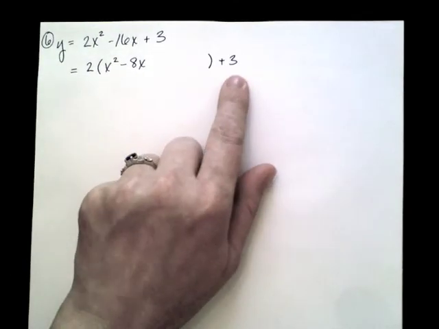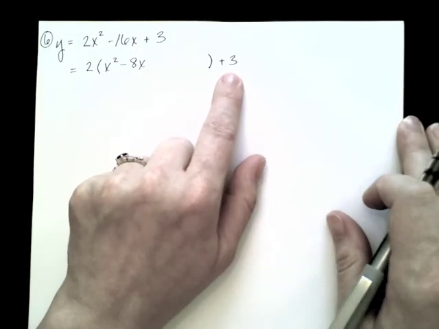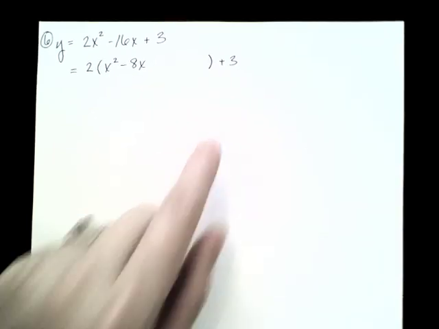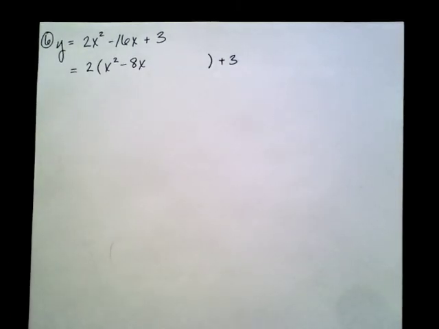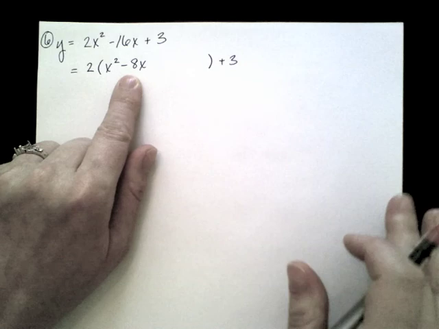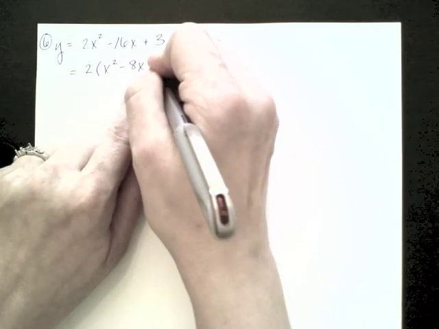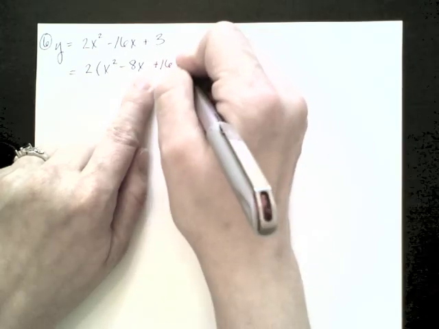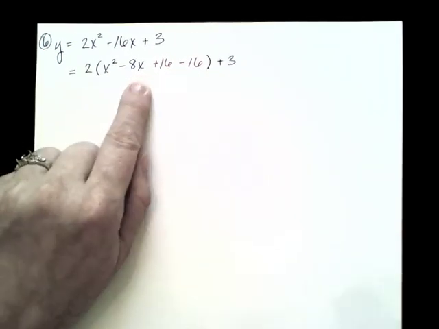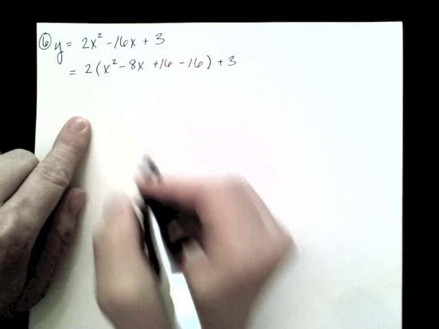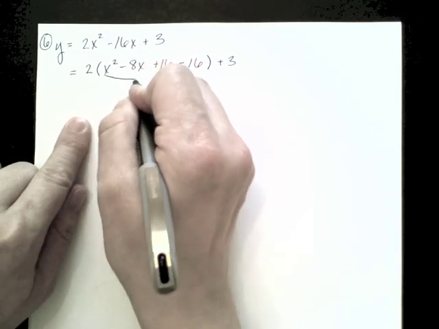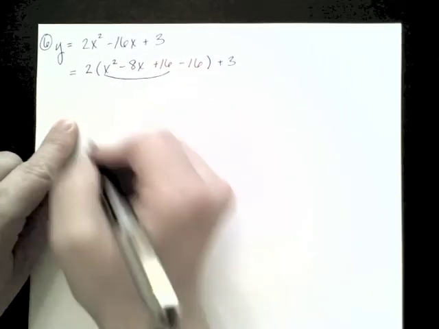It's not going to be the entire k, but it will go into that k. So now I take half of negative 8 and get negative 4. I square that to get 16. And then I add and subtract 16. This part in here is my perfect square.